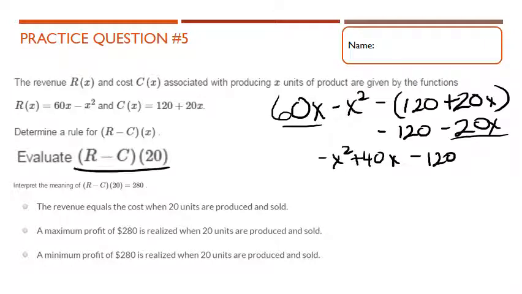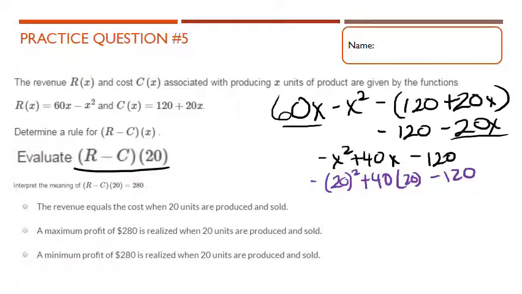Now if you plug in 20, okay, let me use a different color. So minus 20 squared plus 40 times 20 minus 120. So plug that in your calculator.